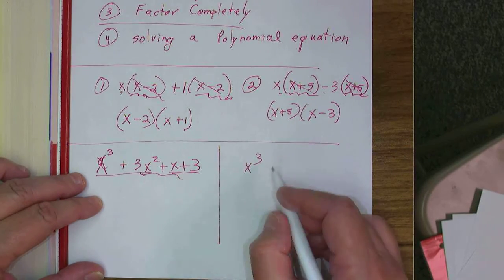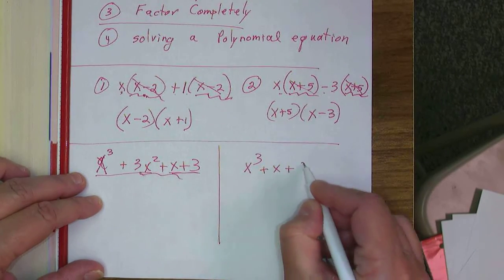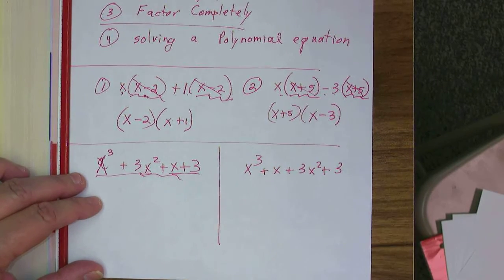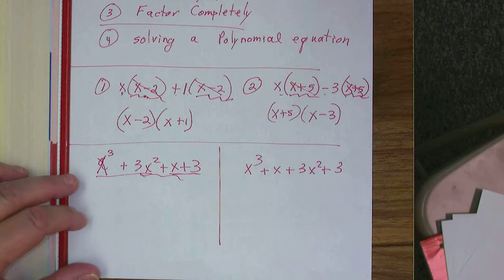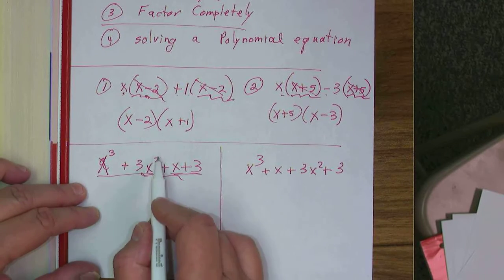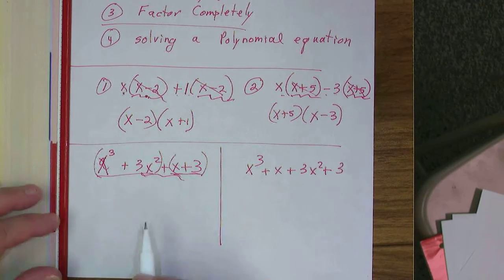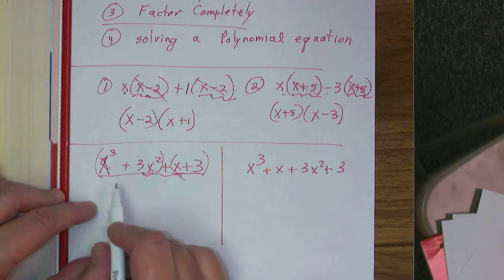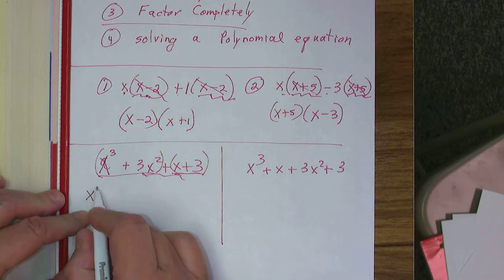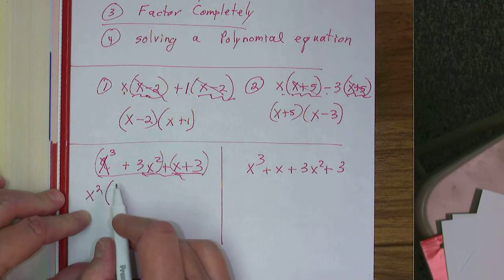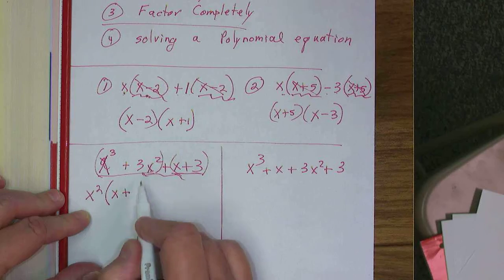Let me rewrite this one. Let's move these 2 terms. Commutative property allows me to switch the order. Now, let's group them like this. The first 2 and the last 2. This set has a common factor of x squared. We take out 2 of the x's, we have 1 left.